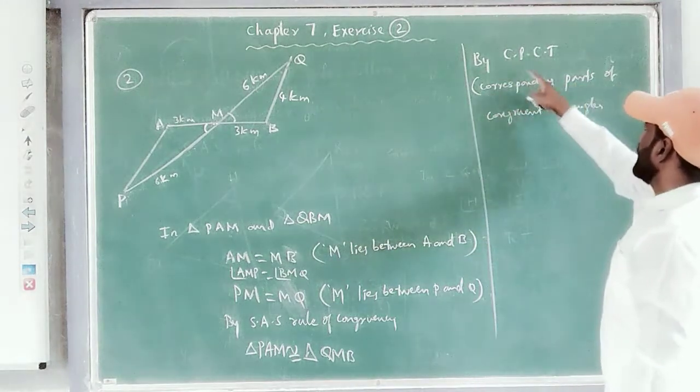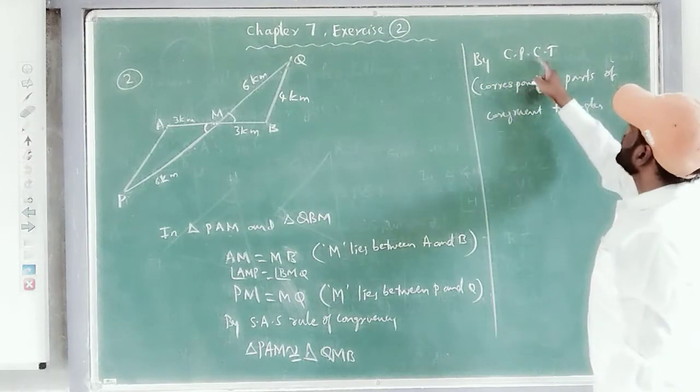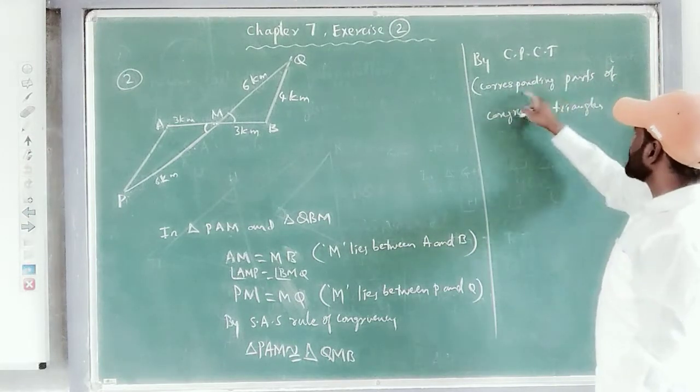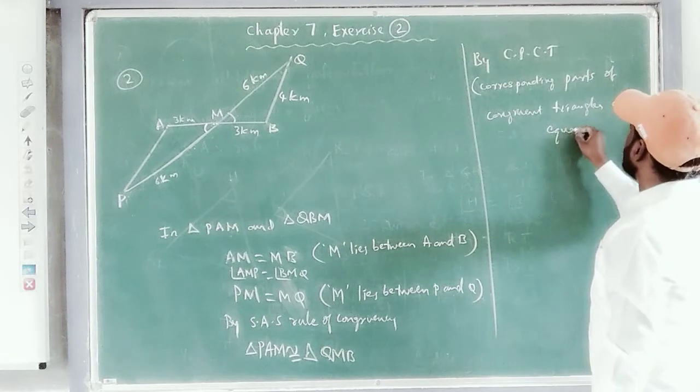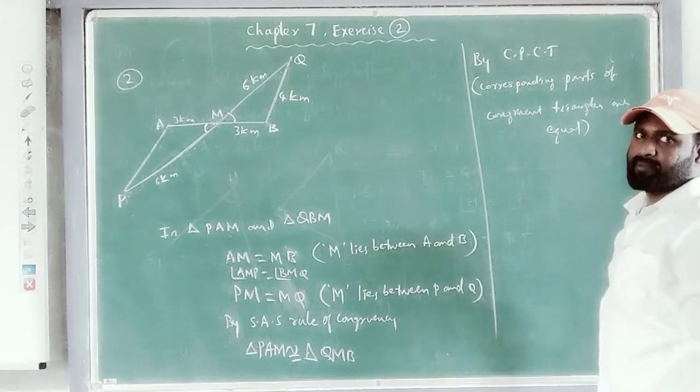C means congruent, T means triangles. Corresponding parts of congruent triangles are equal. When the two triangles are congruent, all the corresponding parts will be equal.